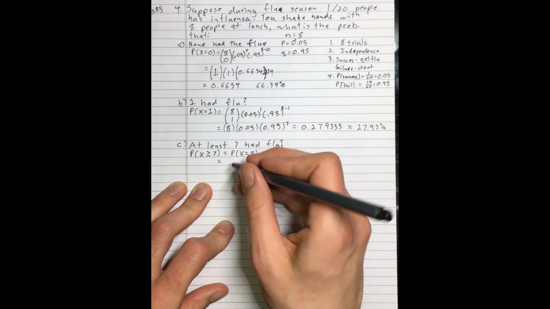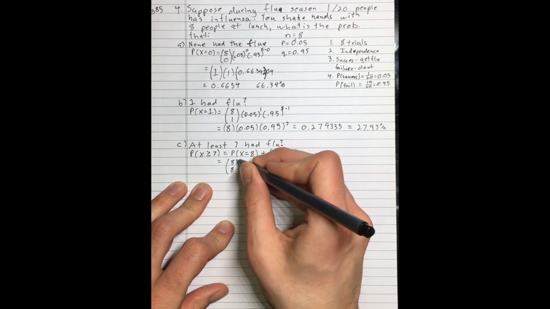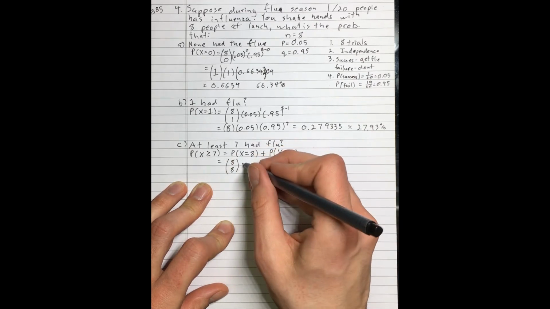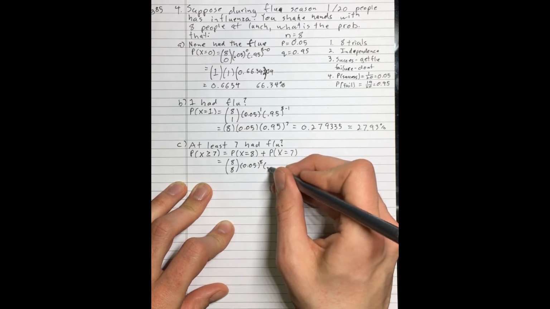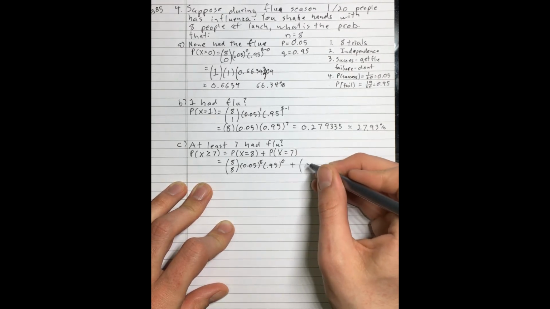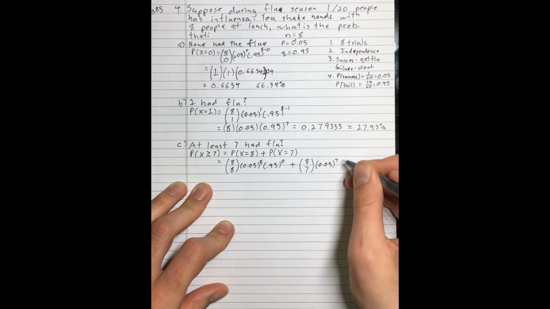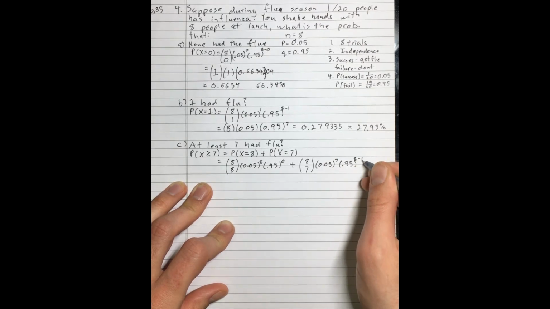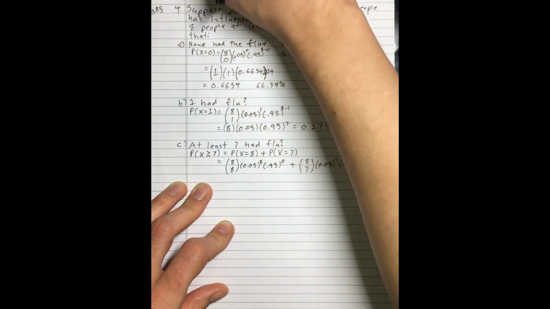So you can compute it individually. This is 8 choose 8, times 0.05 to the power of 8, times 0.95 to the power of 0, plus 8 choose 7, times 0.05 to the power of 7, times 0.95 to the power of 8 minus 7. Just going to figure some of these out on my handy calculator.